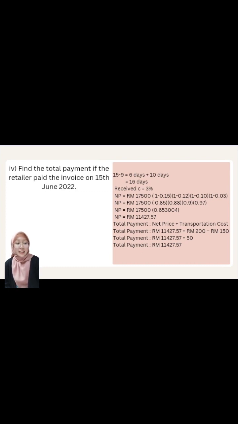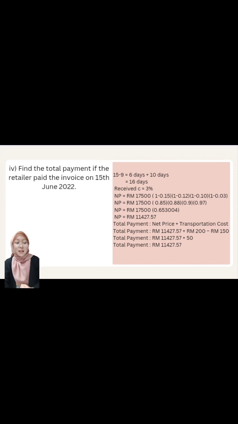The net price is 17,500 (1 minus 0.15)(1 minus 0.12)(1 minus 0.10)(1 minus 0.03).